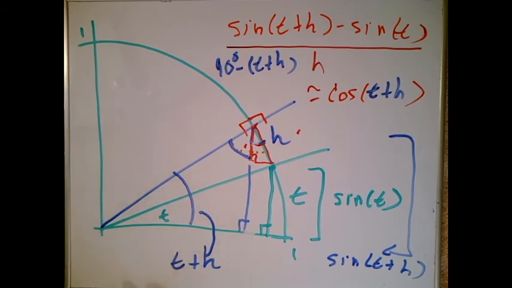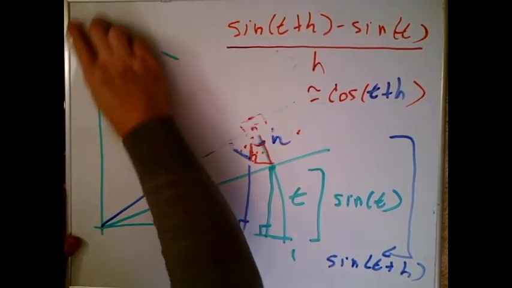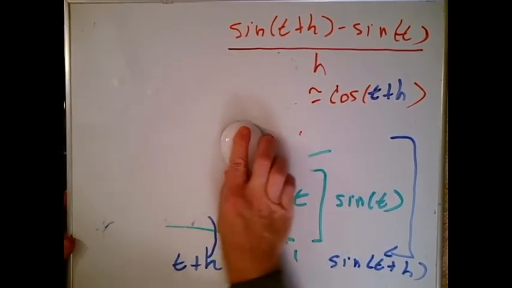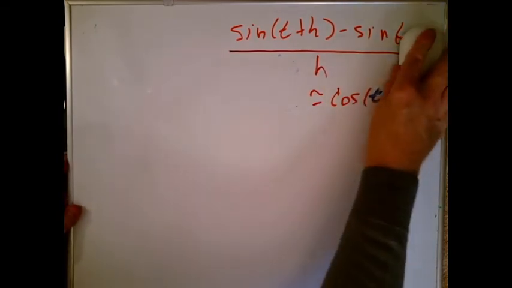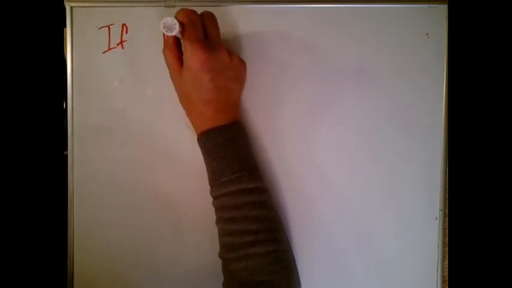You can come back to this. I'm not going to worry about it. I'm now going to look at what I have in red at the top. Right there, just like that. And actually, let me write the whole thing like this. What we have is if h is tiny. Now, how tiny? Remember, h was just a little piece of circle. It had to look very straight. It's tiny.